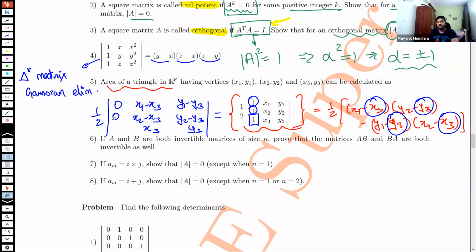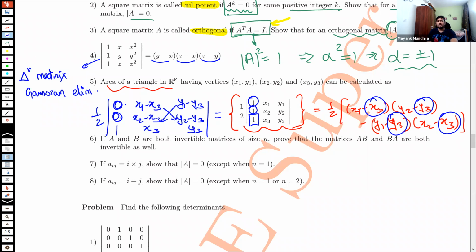Now this becomes 1. Now this determinant, since these two entries are 0, you know that this determinant will be equal to basically this multiplied by this. Okay, so x1 minus x3 into y2 minus y3 minus y1 minus y3 into x2 minus x3. Everything else cancels out because these two entries are 0.